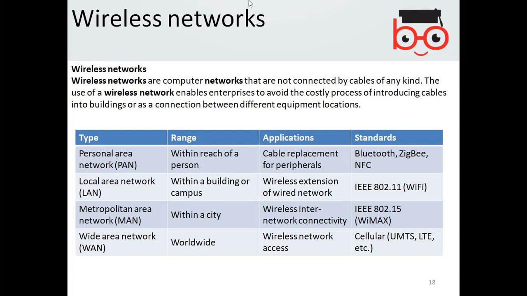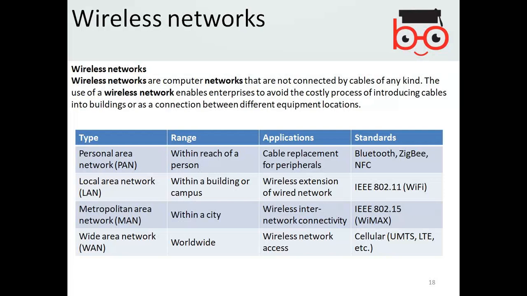You probably have not seen 802.15. Probably the bigger, very advanced, specialized devices that companies or big enterprises might be using in order to provide a wireless network at the city level.